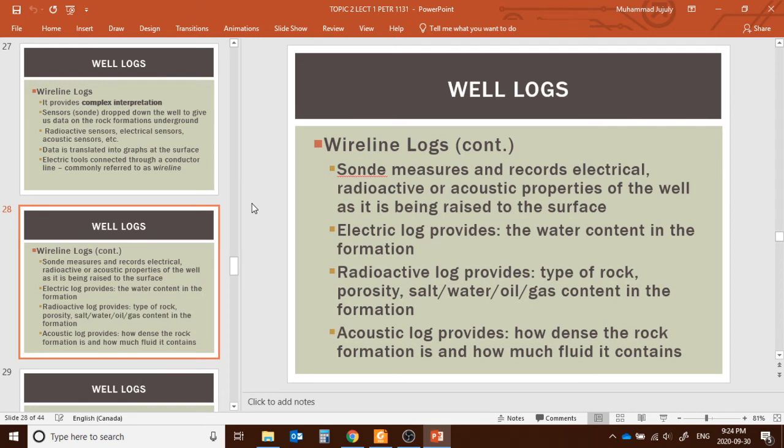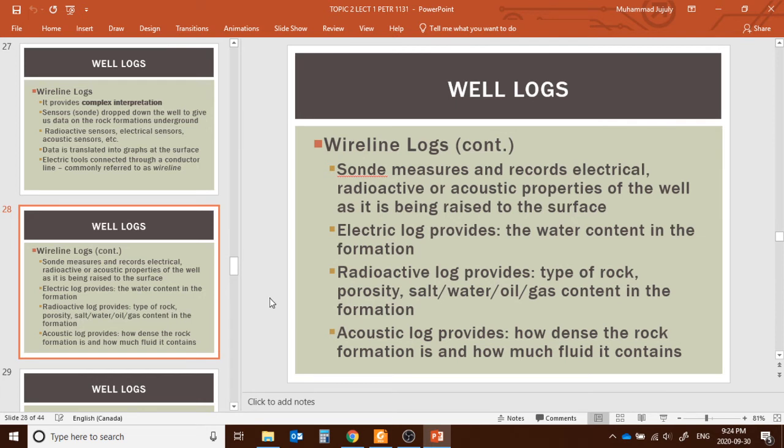The radioactive log gives us the types of rock, the porosity, the salt water, or the oil and gas content in the formation. These are the information we'll get from the radioactive log. Okay, acoustic log: from this we can get how dense the rock formation is.